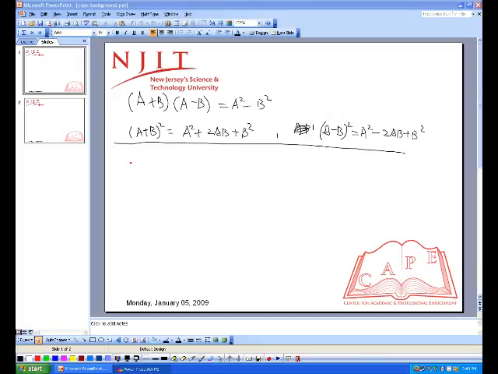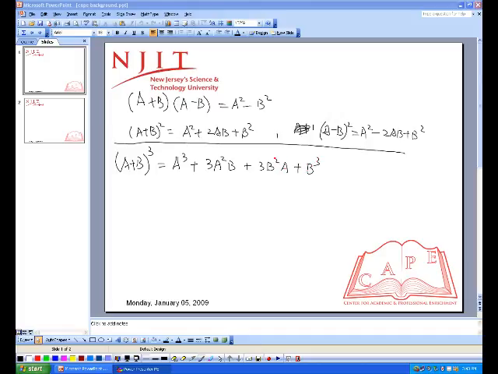So for example, these are the two formulas: a plus b cubed is equal to a cubed plus 3a squared b plus 3b squared a plus b cubed.